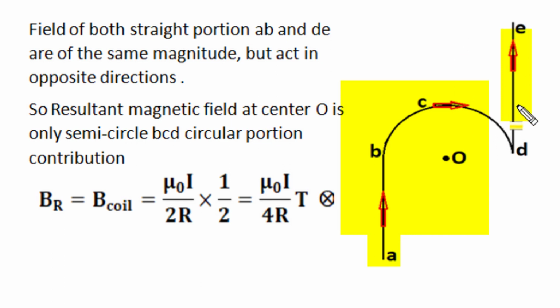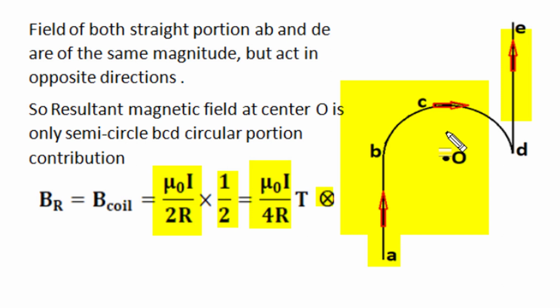This is a reverse orientation of enclosure by DE length, so its magnetic field is opposite to the other two magnetic contributions. The magnetic contributions of AB length and DE length, equal and opposite, will cancel each other, and the resultant magnetic field will become only the magnetic field of the semicircle BCD section of I current and R radius. A full circle produces mu 0 I upon 2R, so a half circle will produce mu 0 I upon 4R Tesla magnetic field.